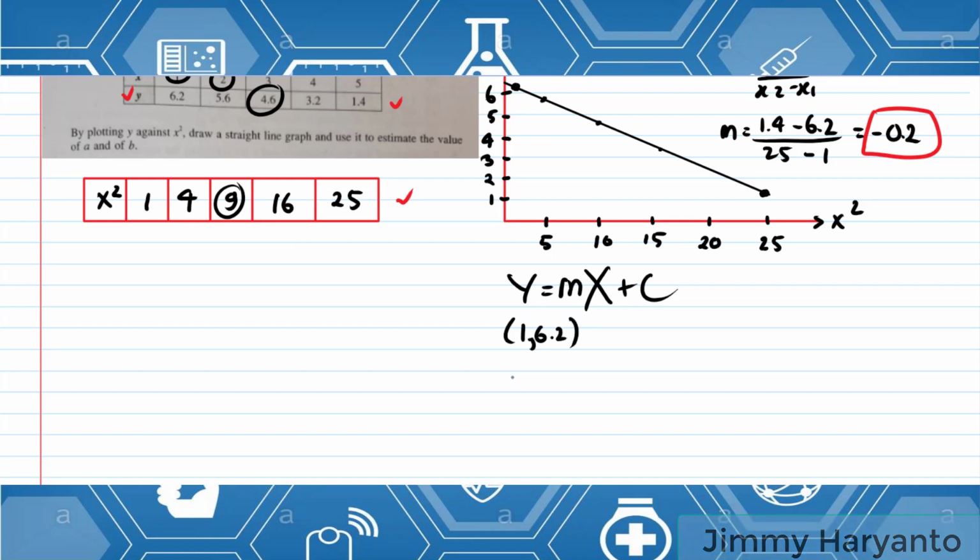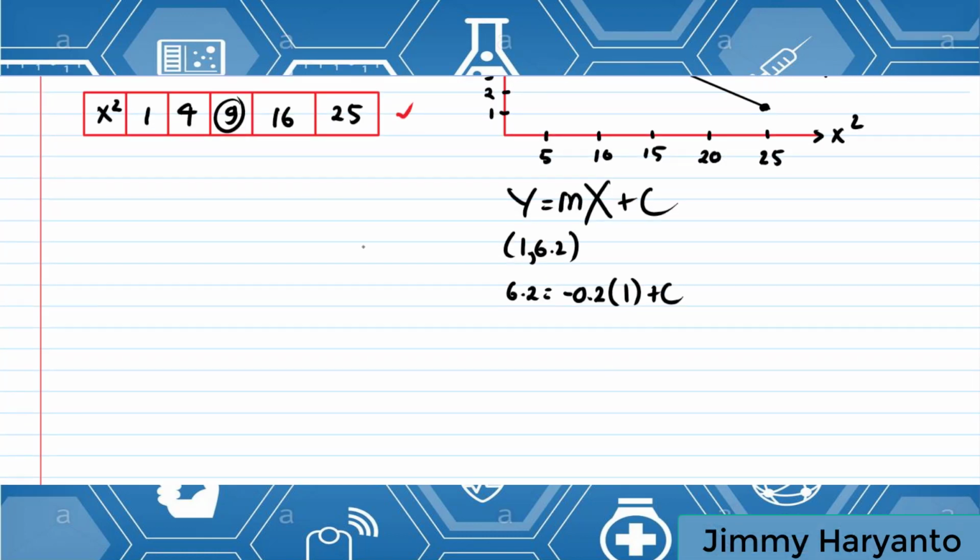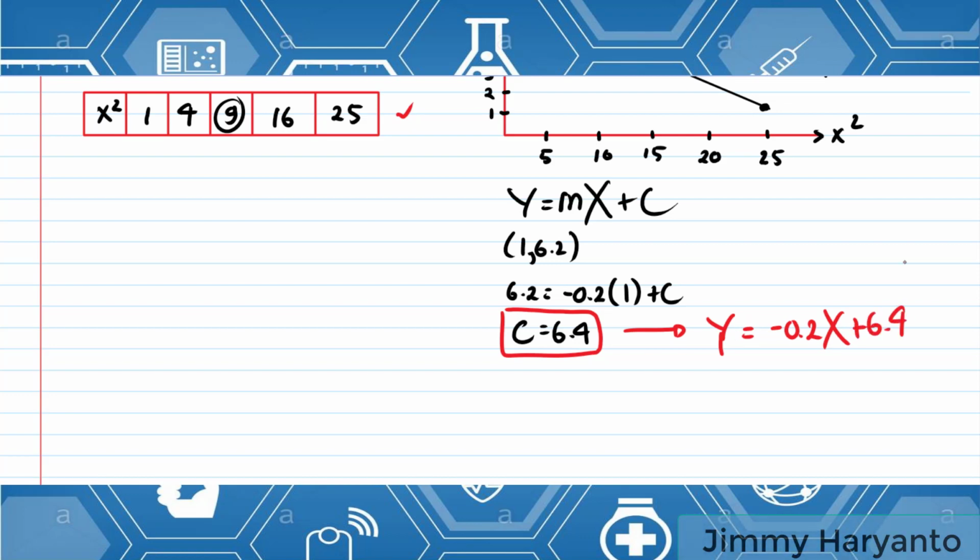So we put y as 6.2, and then we put the m as negative 0.2, and then x is 1 plus c. We will get the c. C equals 6.4. We already have m and c, therefore we will get y equals negative 0.2x plus 6.4. This is the equation of the straight line.